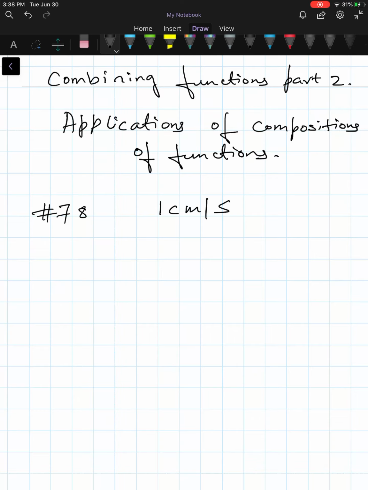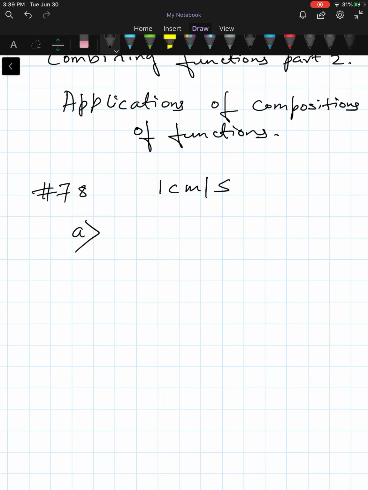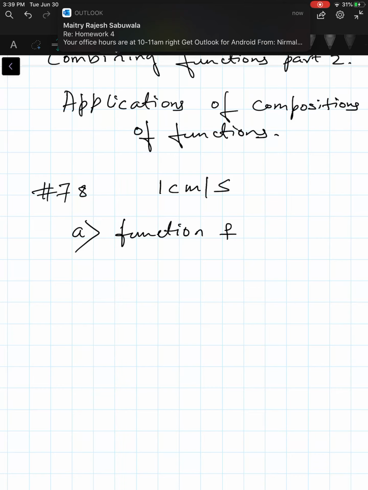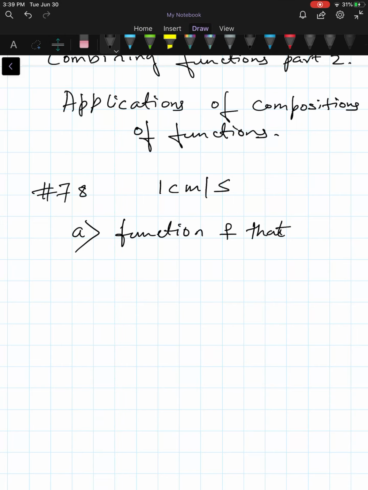So A is, you have to find a function f that models the radius as a function of time.